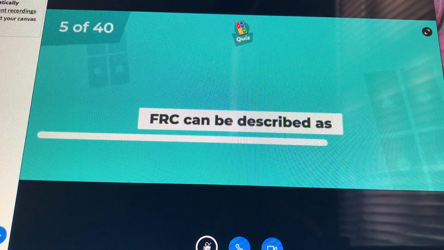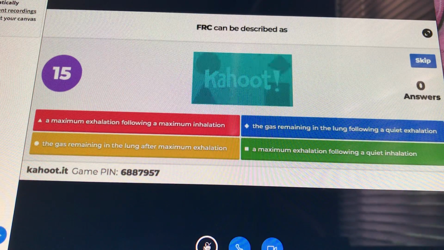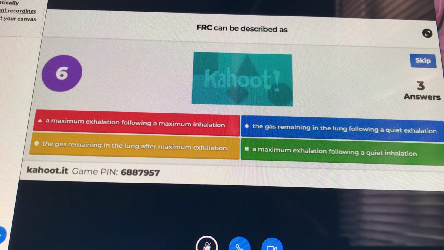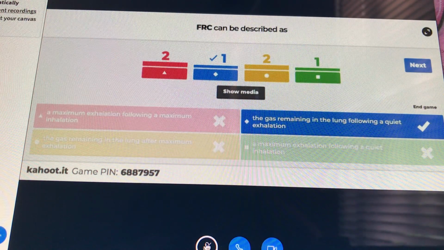FRC can be described as. That would be the gas remaining in the lung following a quiet exhalation.